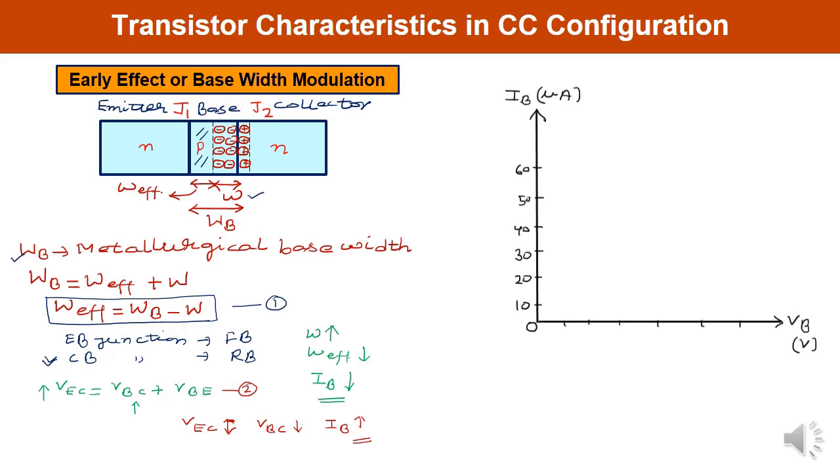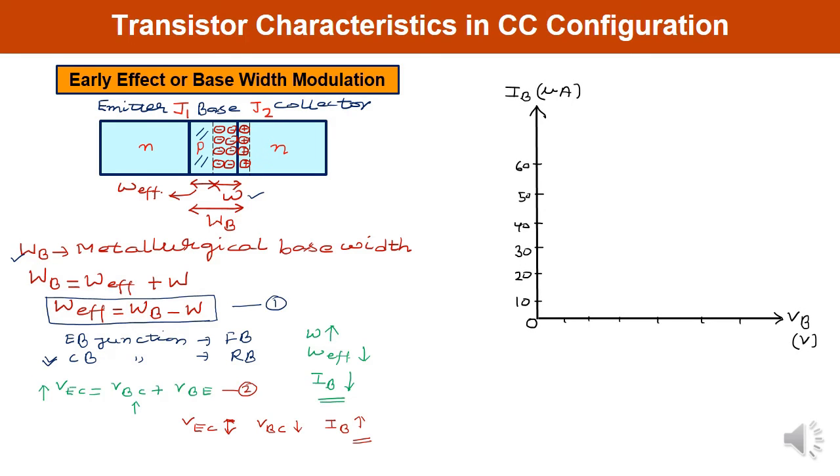Now let us draw the input characteristic curve. This curve is plotted between IB and VBC. IB is in microamperes and VBC is in volts, and the value of IB is very small. Now you have to plot this characteristic curve for different values of VEC.